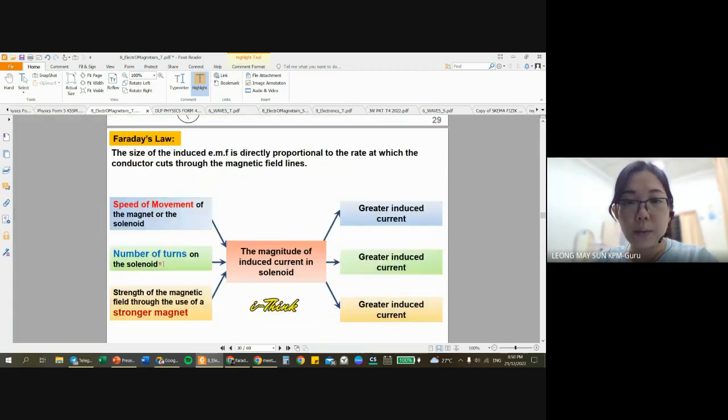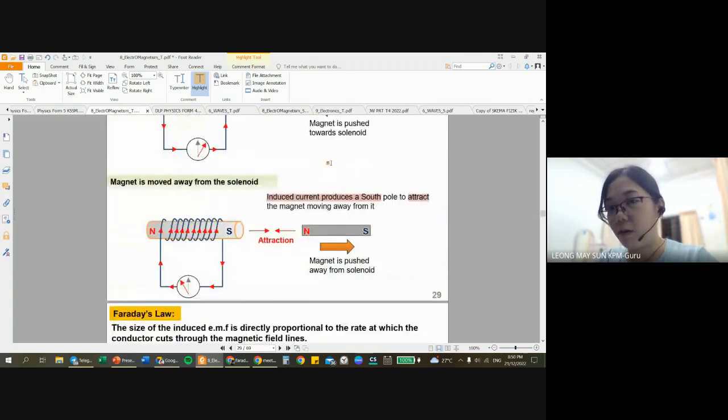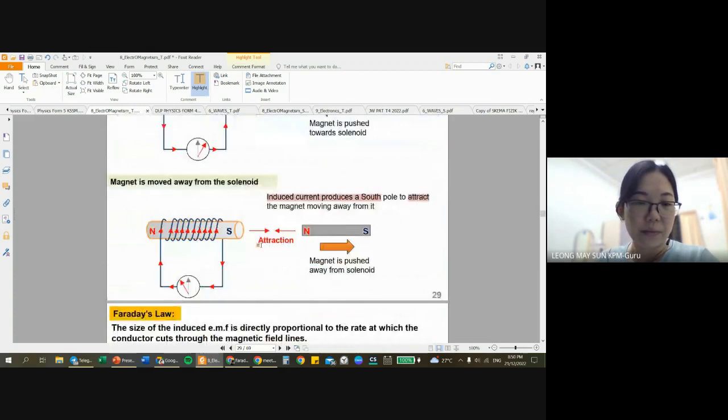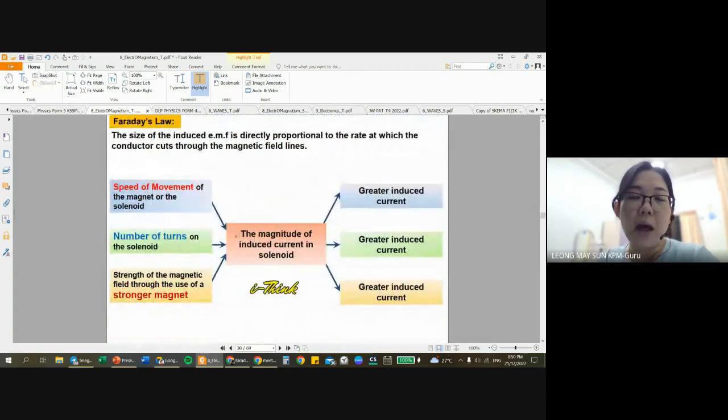Next would be Lenz's law. Lenz's law is actually to oppose the direction only. Now Faraday's law talks about the magnitude. The size of the induced EMF is directly proportional to the rate at which the conductor cuts through the magnetic field lines.